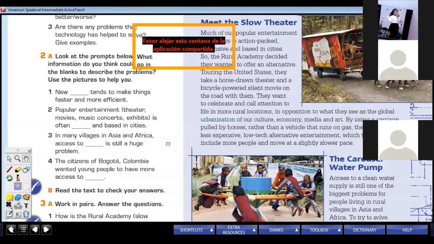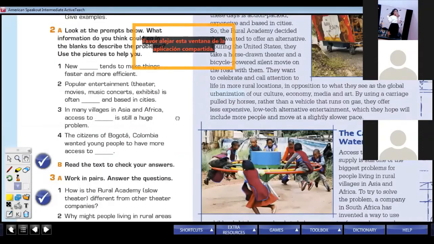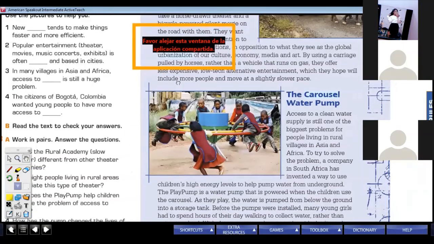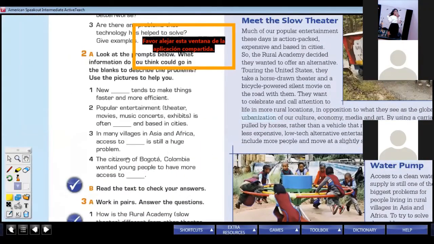It's often expensive. Yeah, why not? Number 3: in many villages in Asia and Africa, access to blank is still a huge problem. Access to what? Clean water. Yes, clean water.